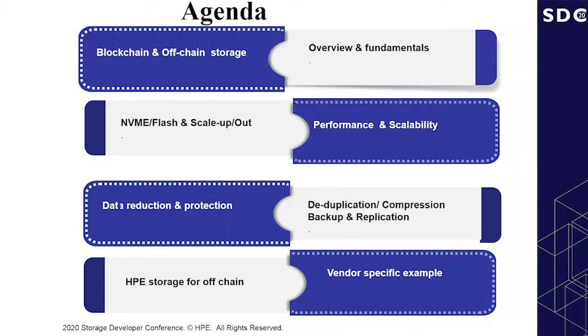So what are we going to cover? We will talk about an overview of blockchain and the fundamentals of off-chain storage, where it is used, what are the use cases, performance and scalability aspects related to off-chain storage, how we can achieve them, how to provide low total cost of ownership for off-chain storage with data reduction technologies such as deduplication, protecting off-chain storage data with backup and disaster recovery.